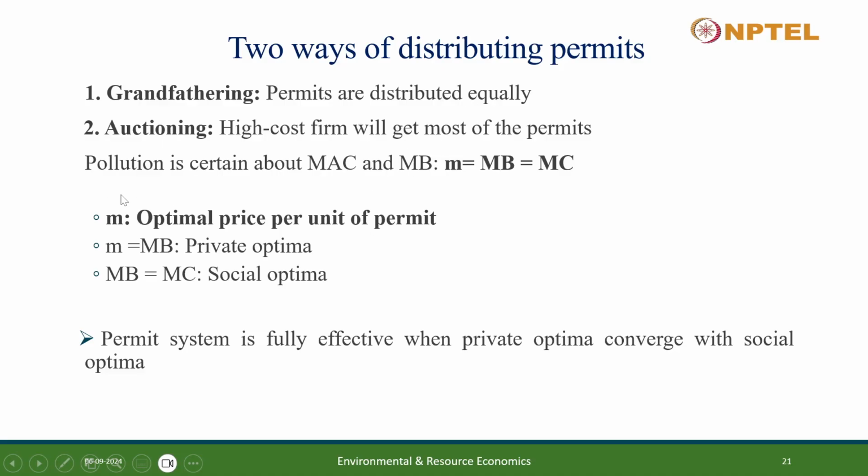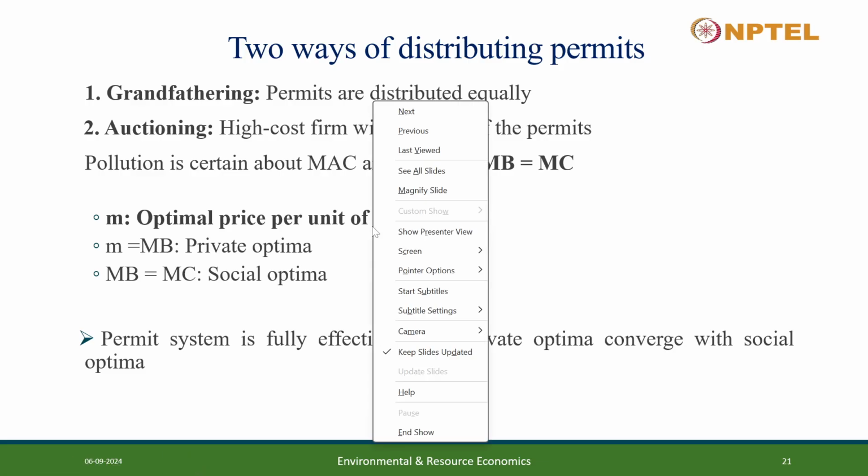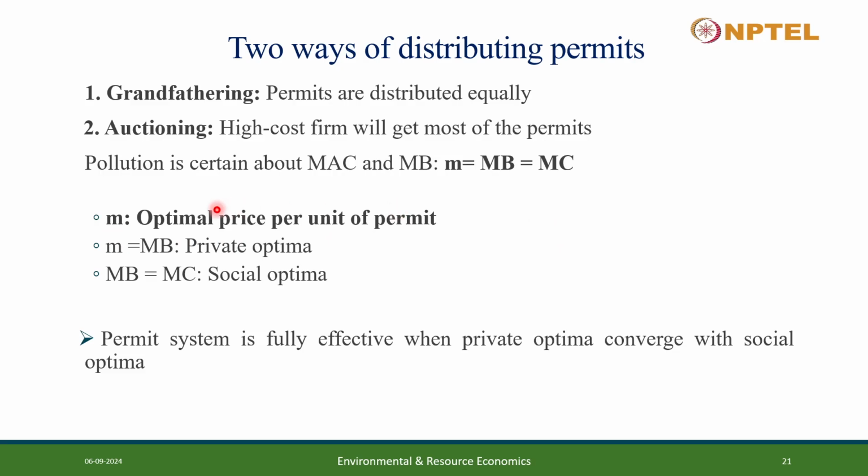Now, in this case, M is the optimum price per unit of permit. For a certain level of marginal abatement cost and marginal benefit, we get the price of permit, which equals MB and MC. That is the optimum level of pollution control.